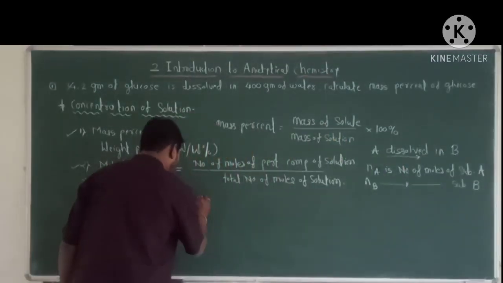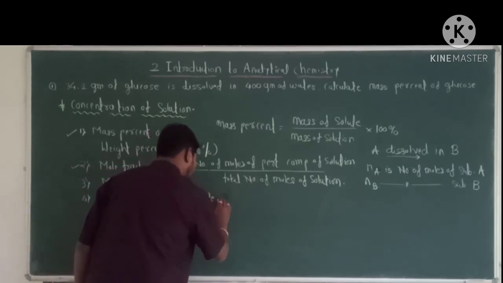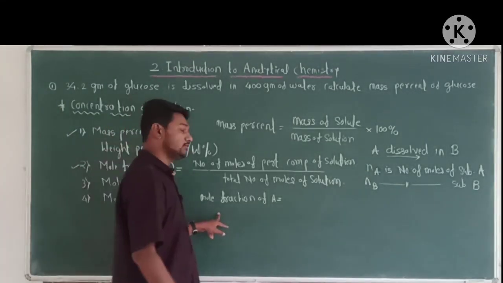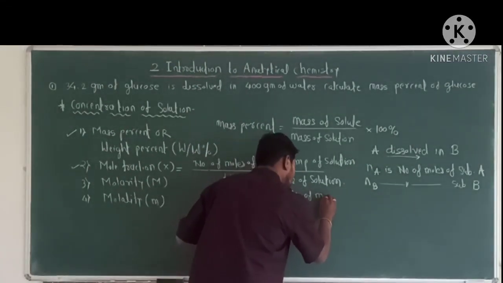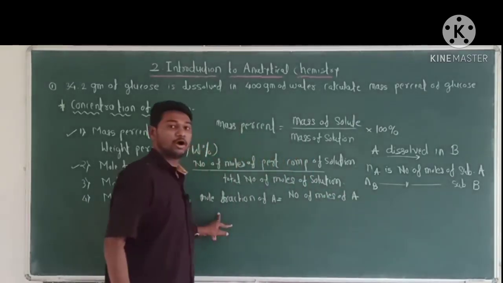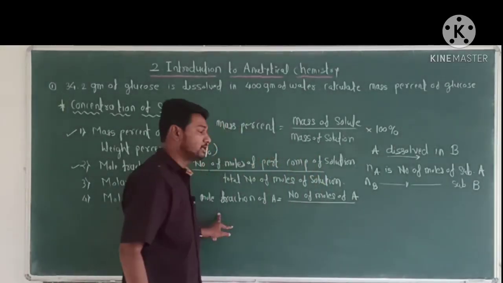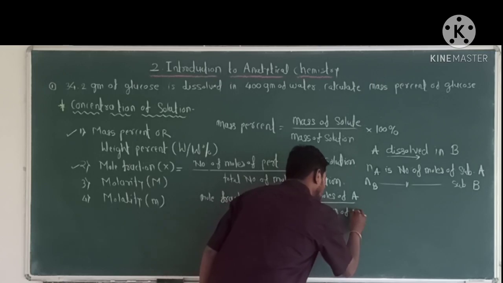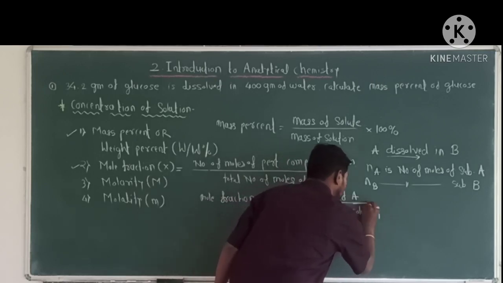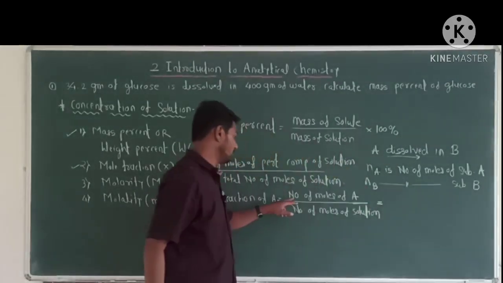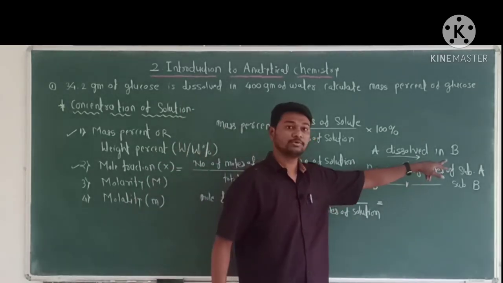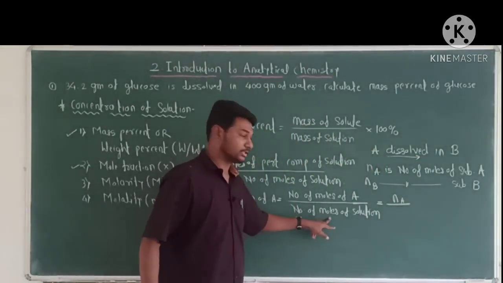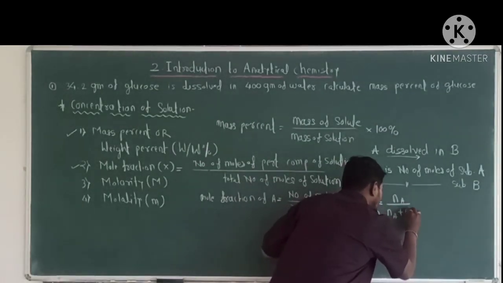Now the mole fraction of A is the number of moles of A divided by the number of moles of solution, which is equal to Na, the number of moles of substance A, divided by Na plus Nb.